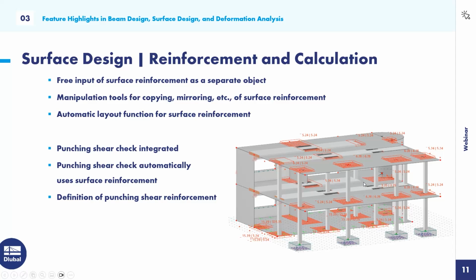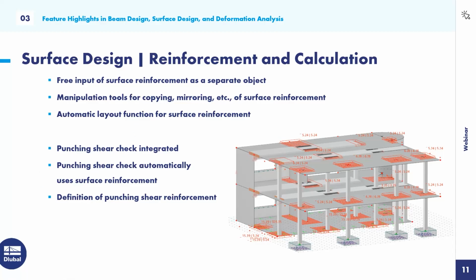This reinforcement is an object. What does it mean? It means that I can use the manipulation tools, for example, to copy or mirror the defined inputs of our surface reinforcement. And we also have an automatic layout function for the surface reinforcement, like I showed for our members.